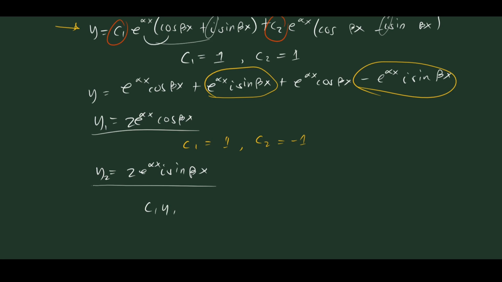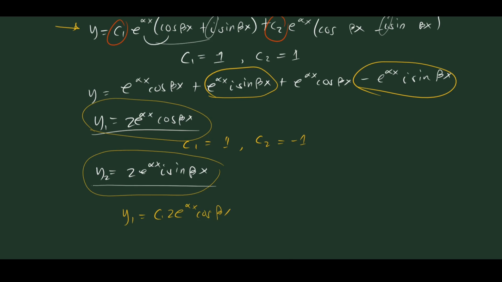So if we apply that here, y1 and y2 are solutions, and therefore y1 is equal to c1 times 2 e raised to alpha x cosine beta x is also a solution, and y2 is equal to c2 times 2i e raised to alpha x sine beta x is also a solution.